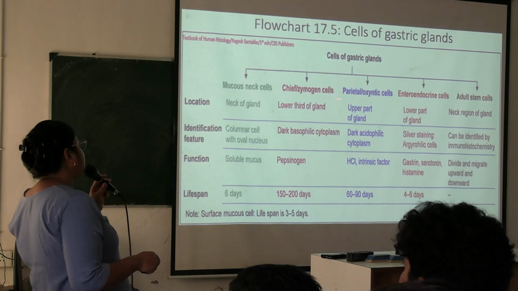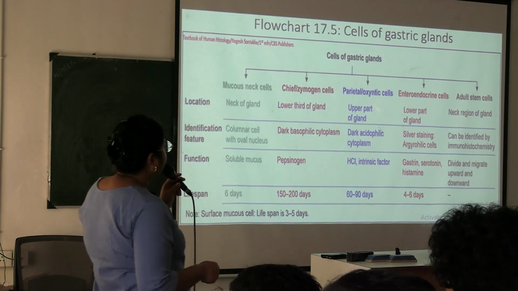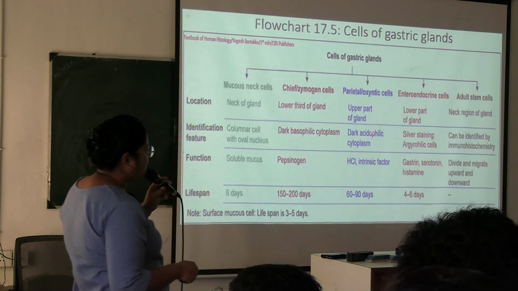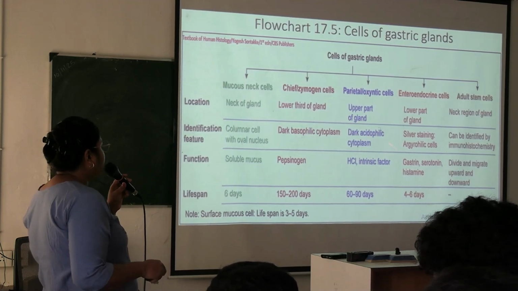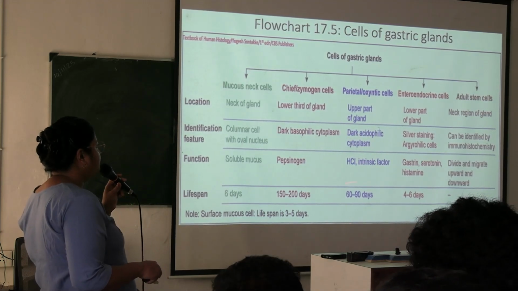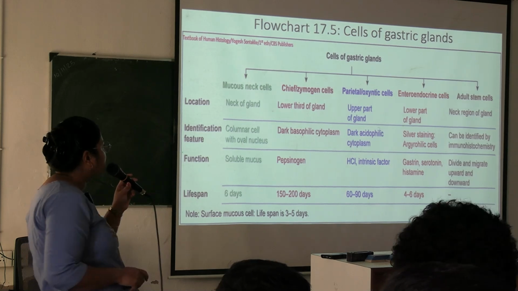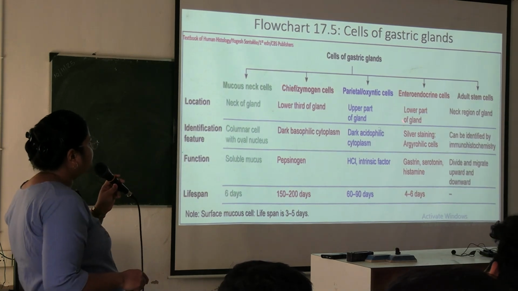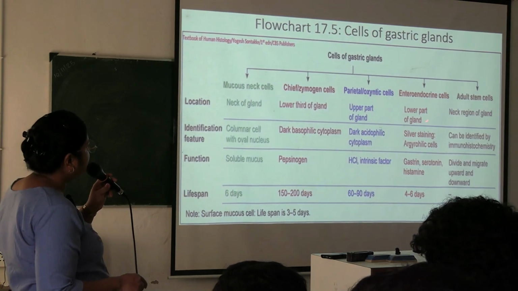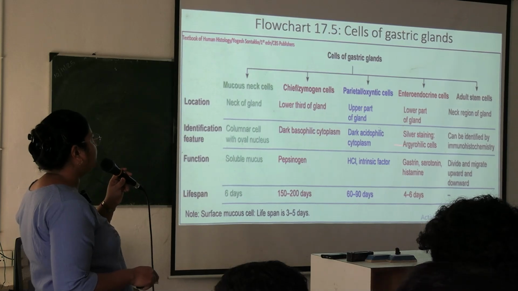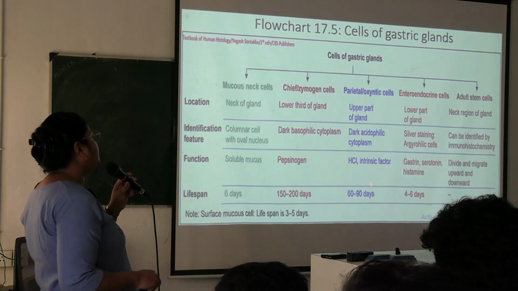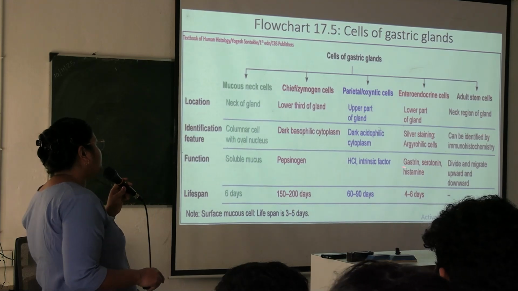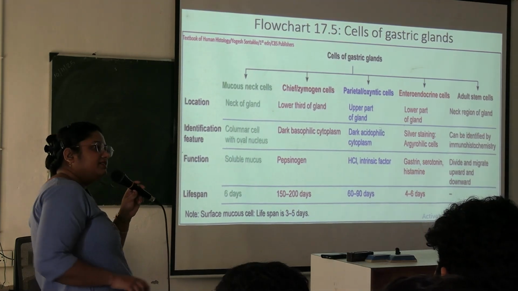Parietal or oxyntic cells are located in the upper part of the gland. They have dark acidophilic cytoplasm, secrete HCl and intrinsic factor, and the lifespan is 60 to 90 days. Enteroendocrine cells are located in the lower part of the gland and in silver staining they are argyrophilic cells. They secrete hormones like gastrin, serotonin, and histamine.